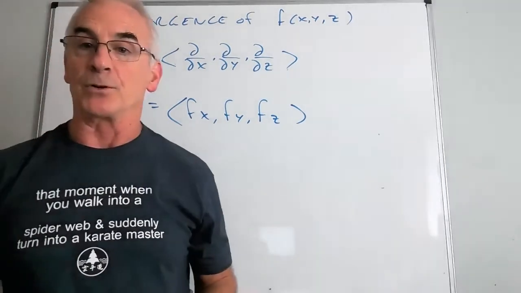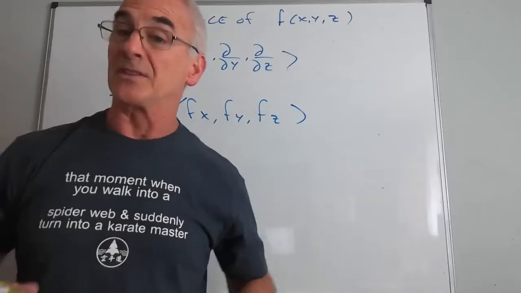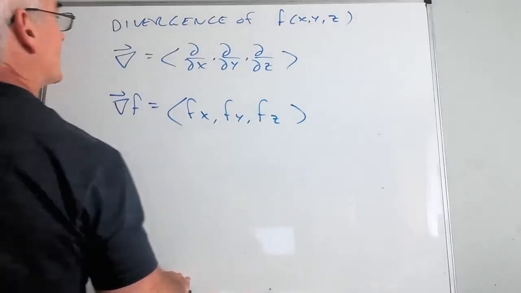So now what I want to do is apply the del operator to a vector. So we're going to do it in a slightly different format. Now I'm not starting with a function, I'm starting with a vector.